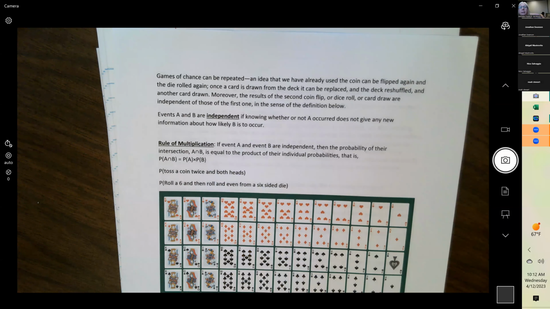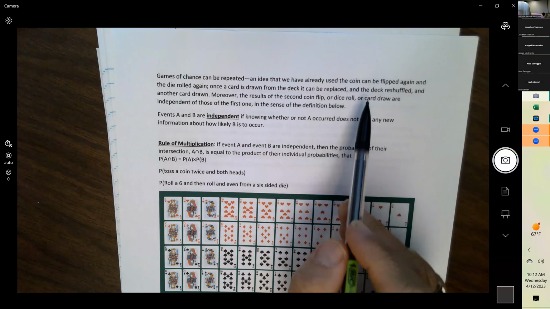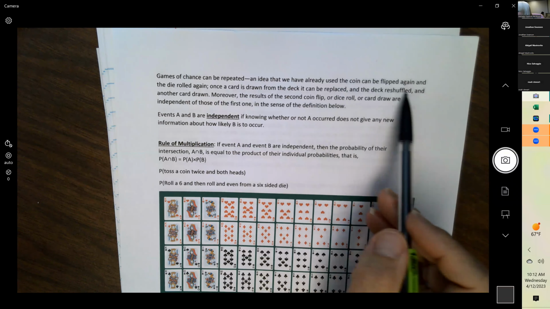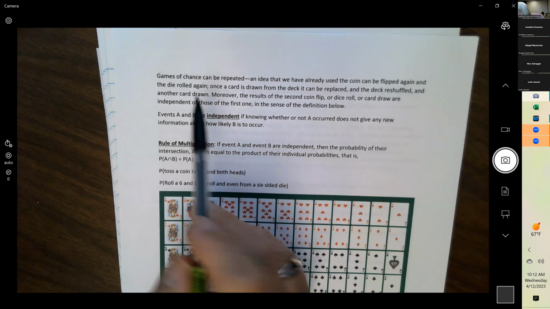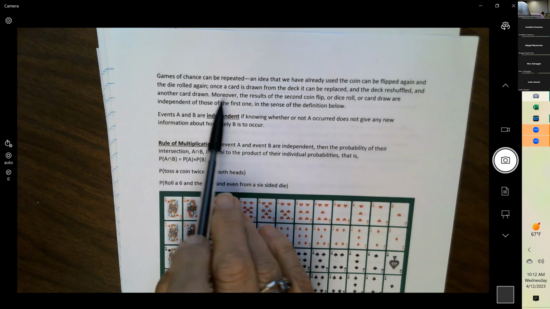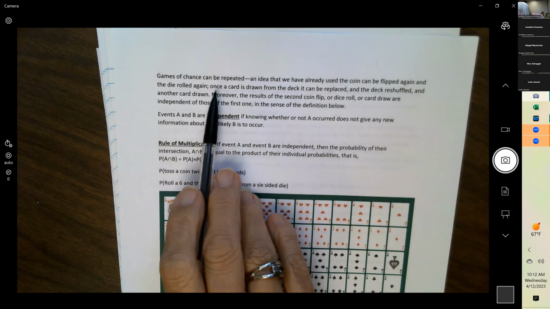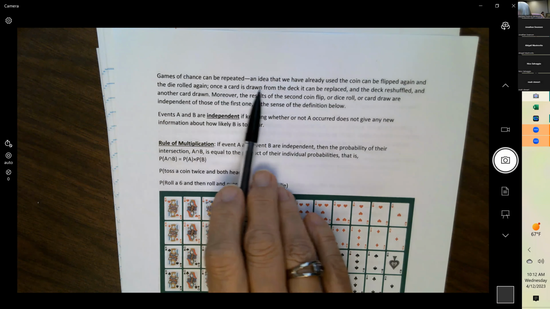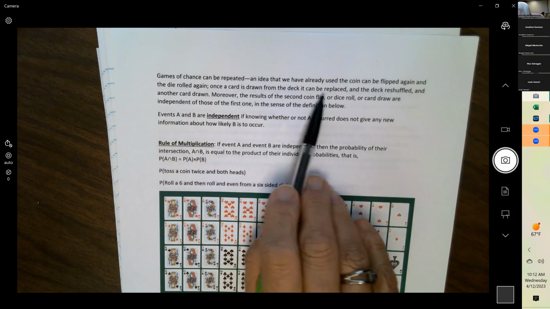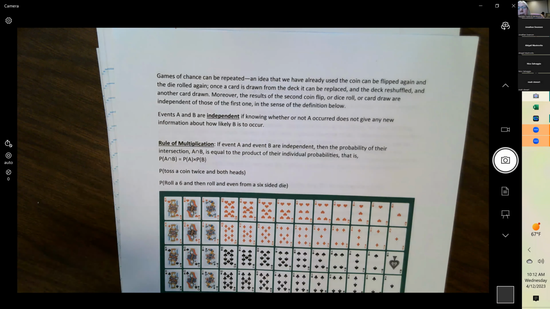Games of chance can be repeated. An idea that we have already used, the coin can be flipped again and again and again. The die can be rolled several times. But if you think about pulling a card from a deck of cards, can it be redone? It depends.